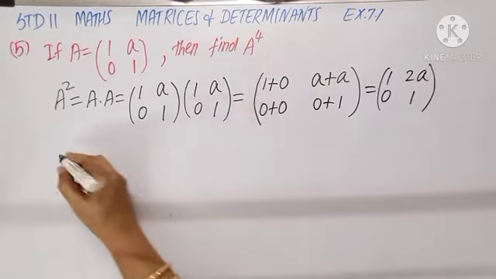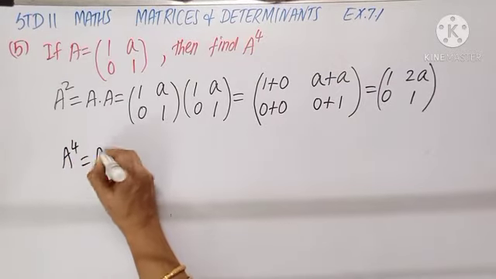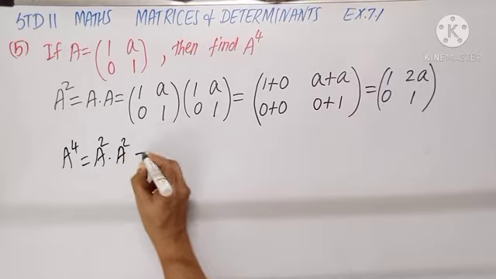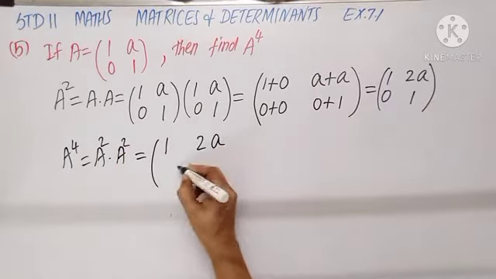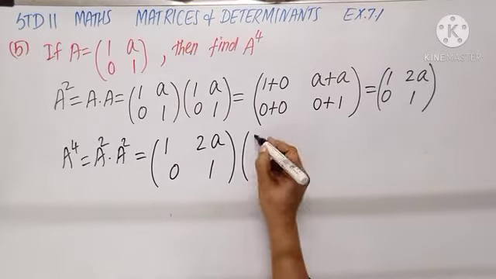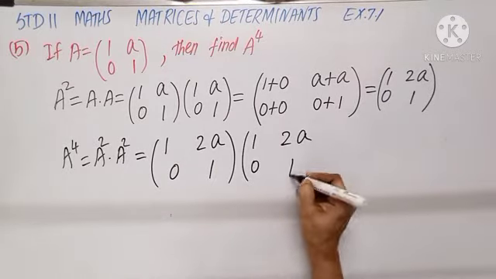Our question is to find A power 4, which is A square into A square. What is A square actually? [1 2A; 0 1] into [1 2A; 0 1].